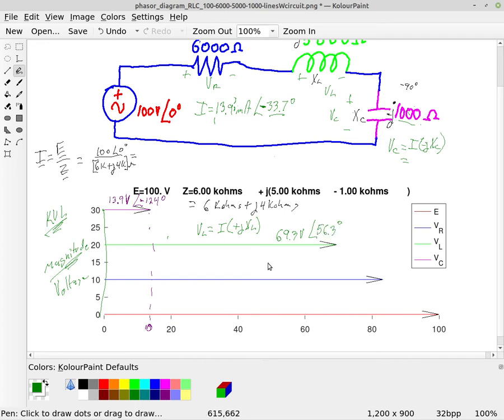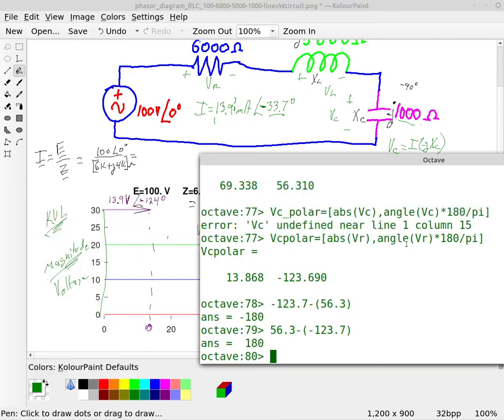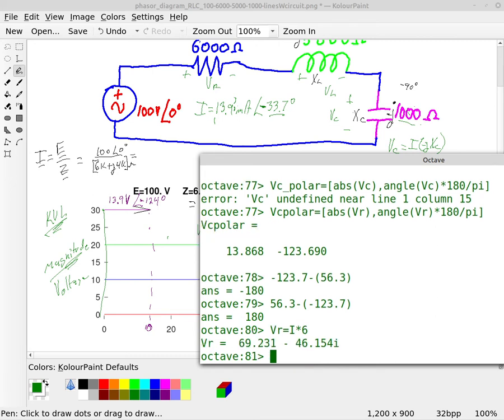And then if we calculate VR, that's simply I times R. There's no phase shift for R, so it's just times 6,000, or in this case, I'm just going to use the 6.